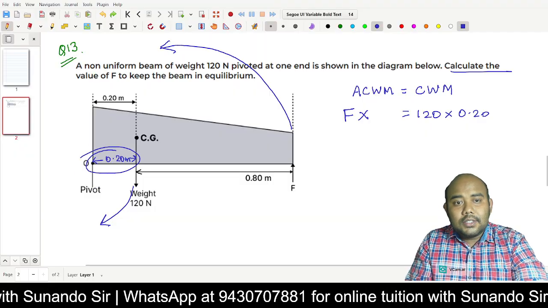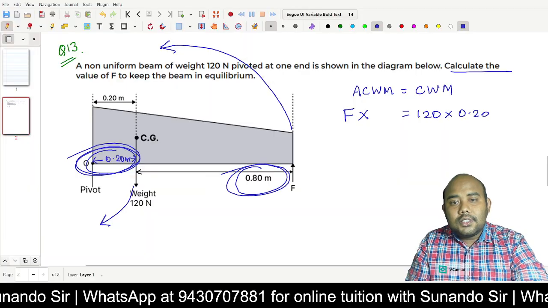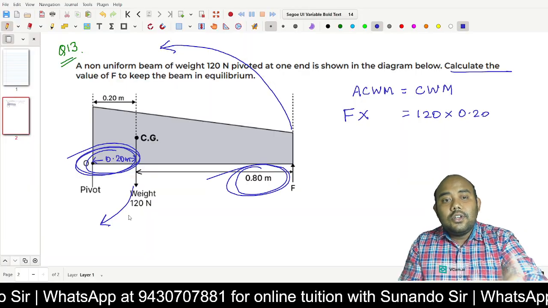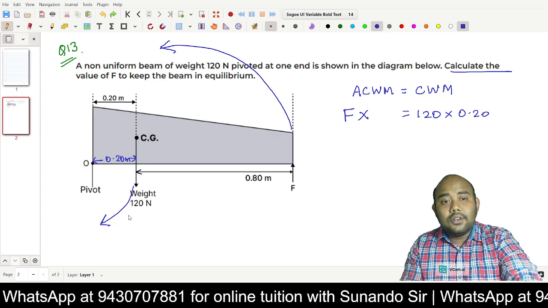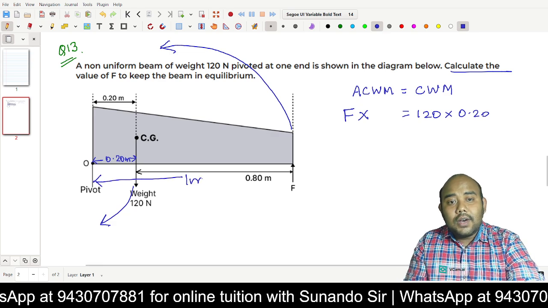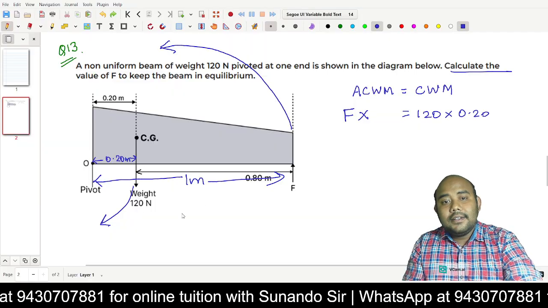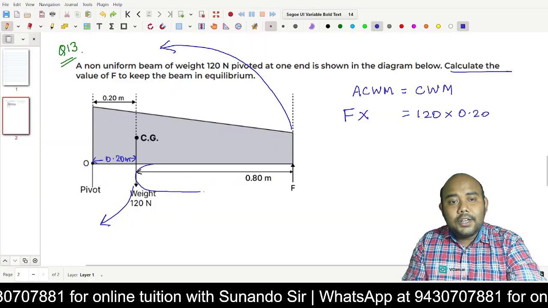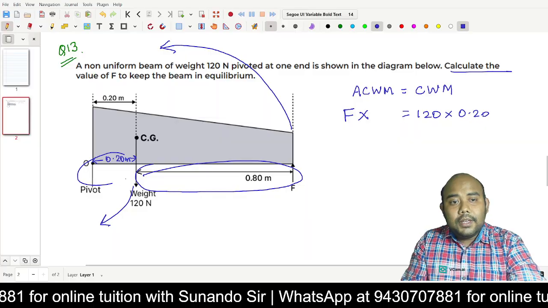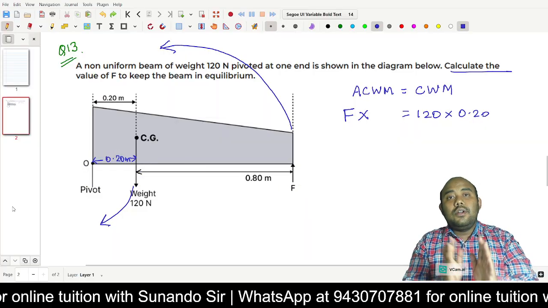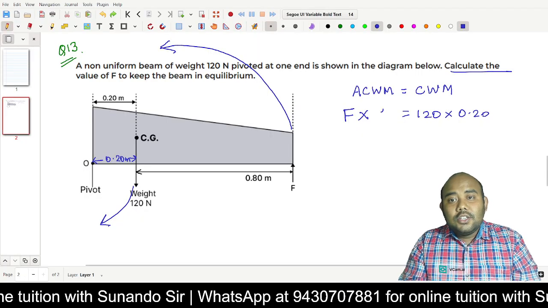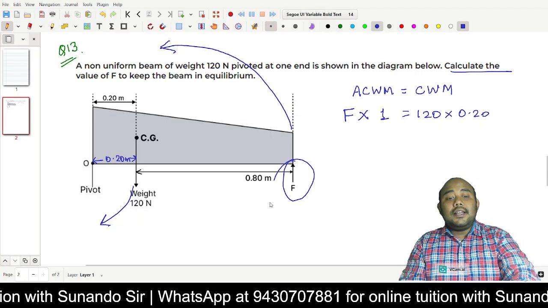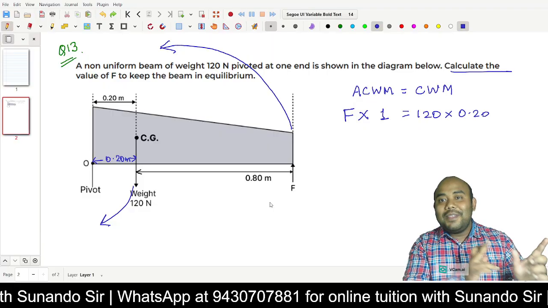This particular distance is 0.20 meter, and this distance is 0.80 meter. So 0.20 plus 0.80, the total distance is 1 meter. We add both of these distances. From here to here it is 0.80 and from here to here it is 0.20. So 0.8 plus 0.2 is 1. So force F is at a distance of 1 meter from the pivot.